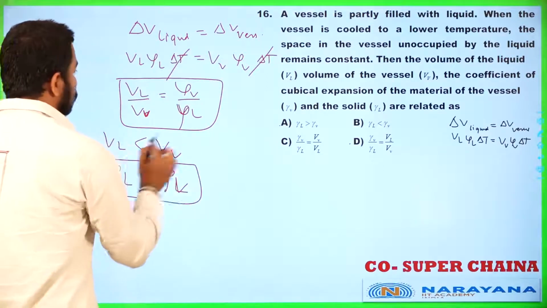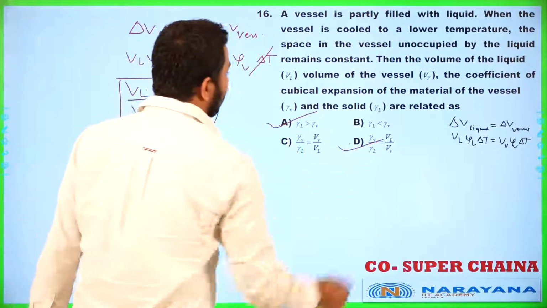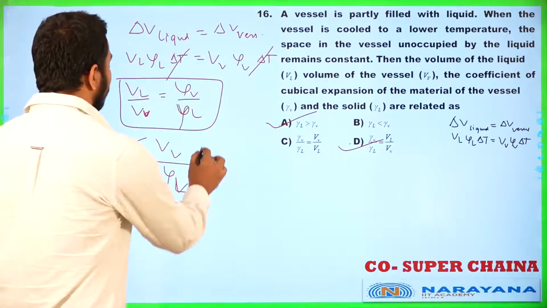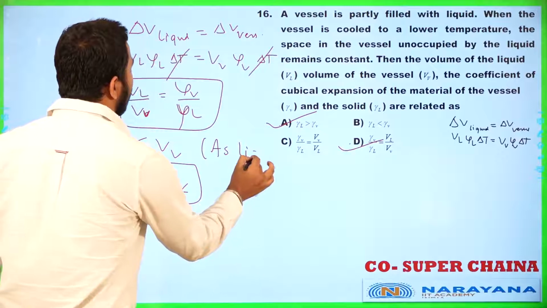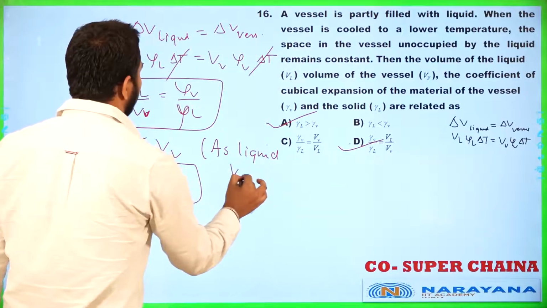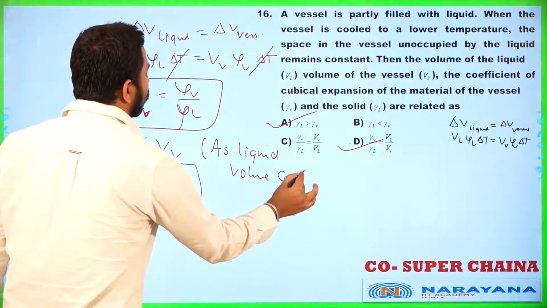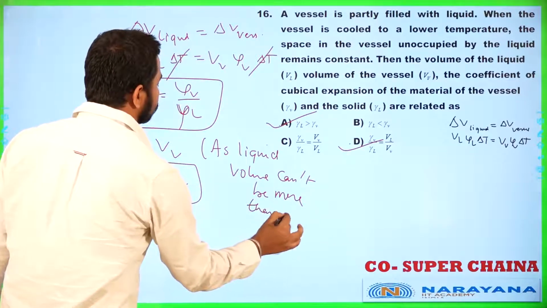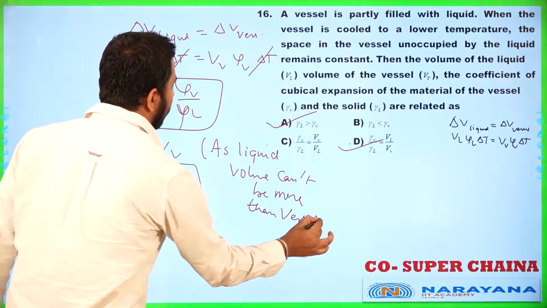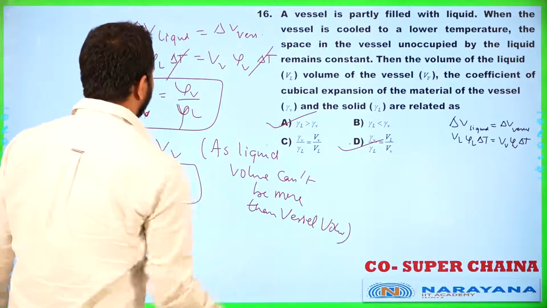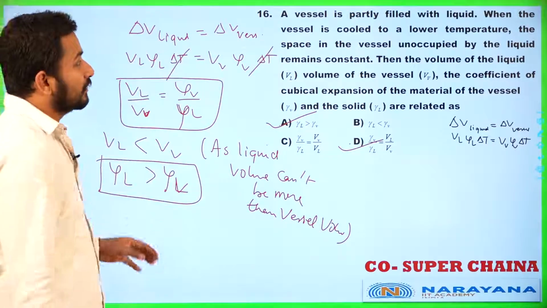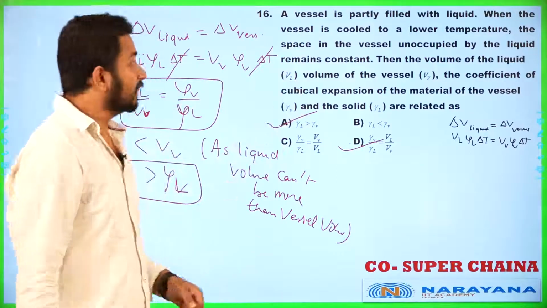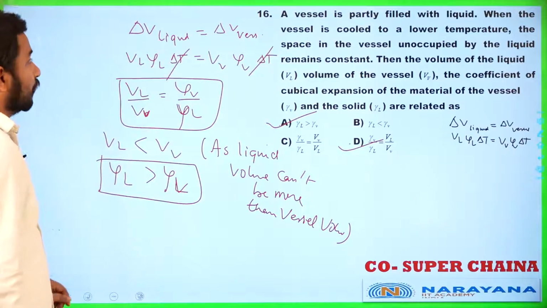So these two options, A and D, will be the correct options for this one. Liquid volume can't be more than vessel volume. Obviously it will be a little less, since it is partially filled, as said here. So let's move to the next one now.